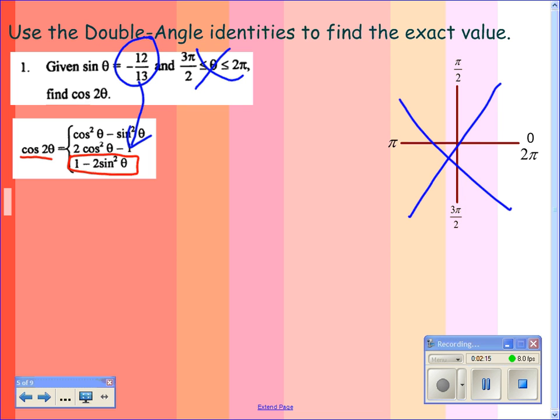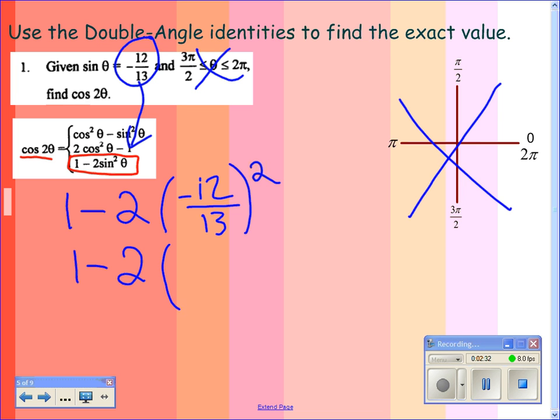So we start out 1 minus 2, open parentheses, sine, which is given, negative 12/13, close parentheses, squared. Now we're going to square the numerator and the denominator.